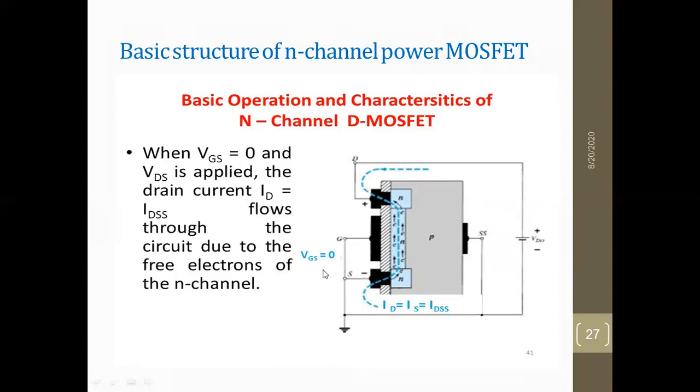When VGS equals 0, the source current moves in the form of electrons towards the drain, and the electrons move like this, and the current moves like this. This is nothing but the N-channel depletion type MOSFET.